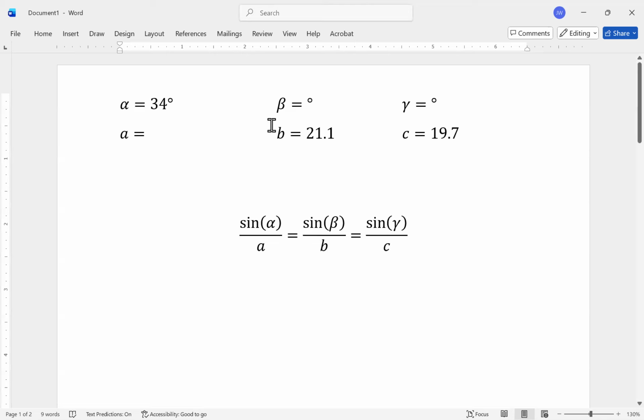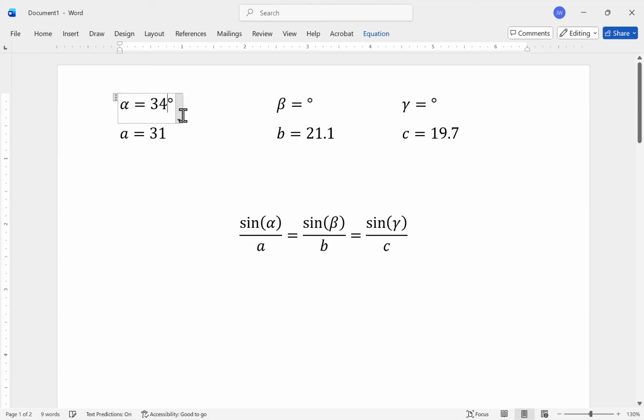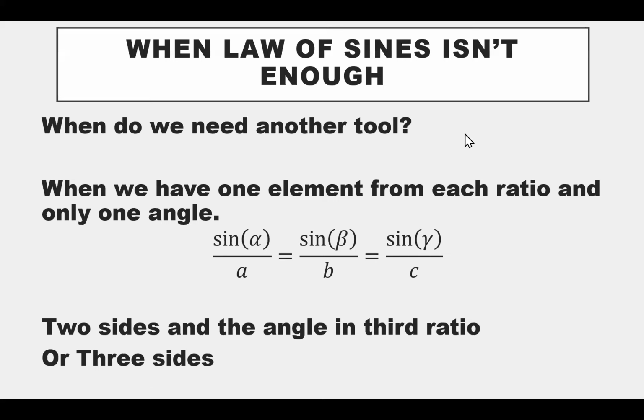You'll also notice that if somebody told you that A was 31, let's say, and we didn't have the alpha, we'd also have one component of each of the ratios in the law of sines. So when do we need that other tool?